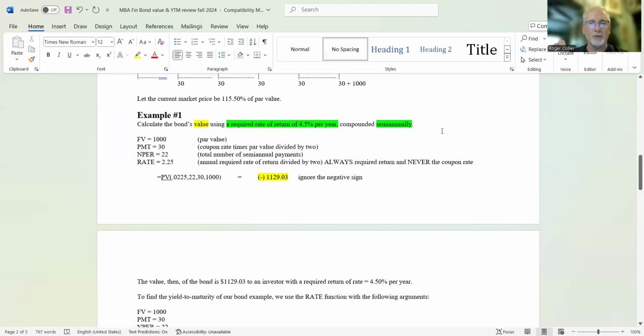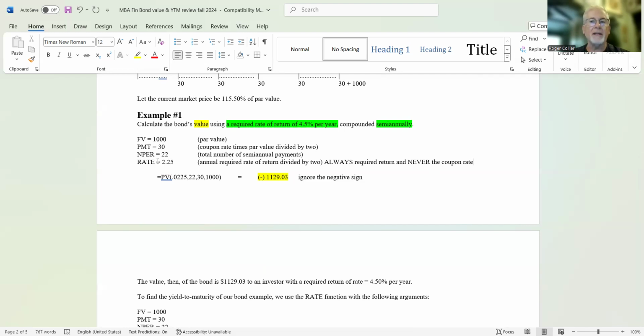Right? I know it's true because I've seen it for 29 years. The temptation is really, really strong to put the coupon rate here as the rate. Don't do that. What belongs here is the required rate of return and never the coupon rate.